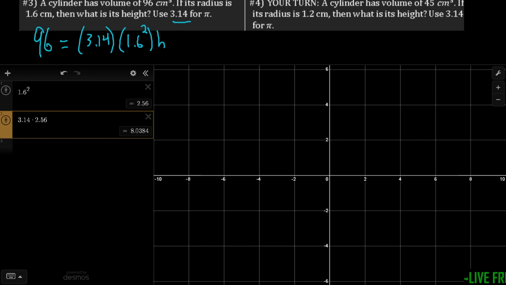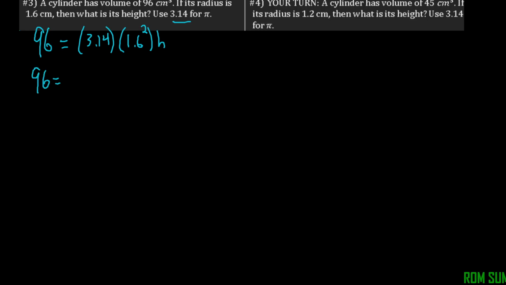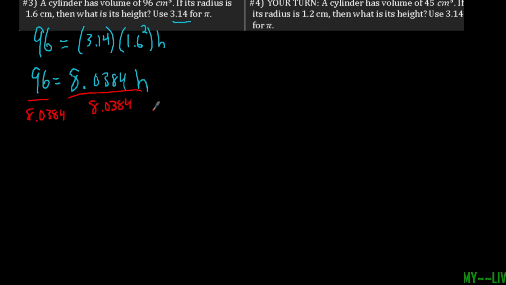My decimal is going to be 8.0384. You always want to make sure that you're rounding at the end. Since these are being multiplied times each other and I want to solve for h, I have to divide both sides by that amount, 8.0384.